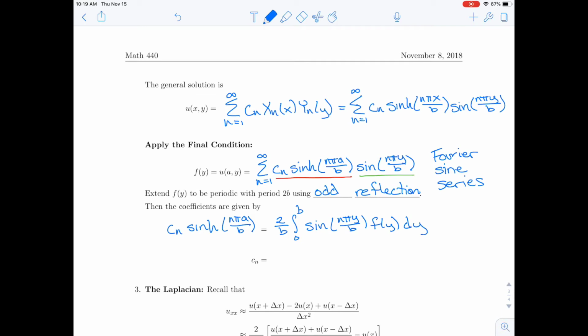Since what you see on the right, the c sub n sinh of n pi a over b, are the Fourier sine coefficients.